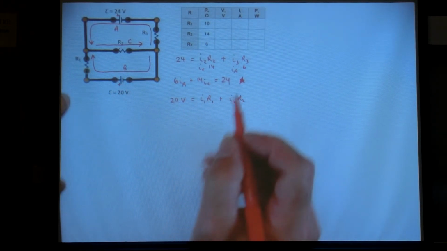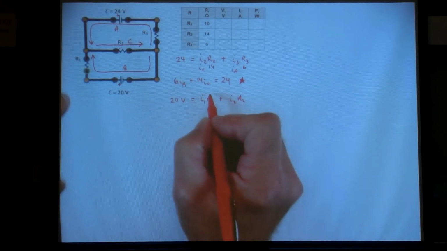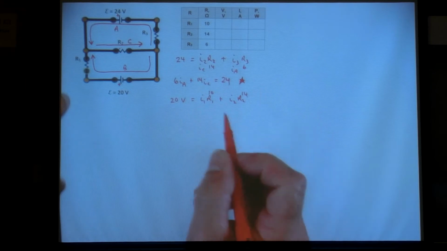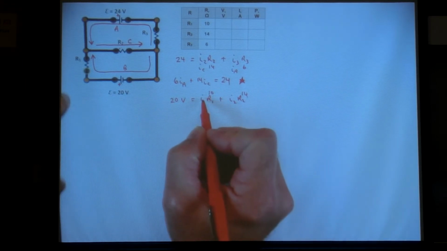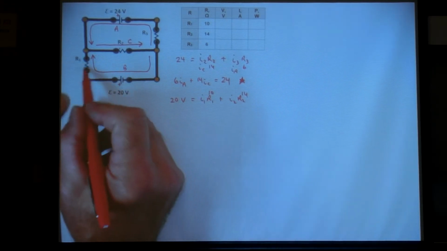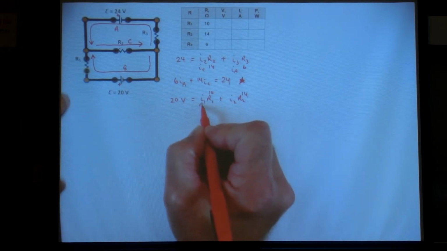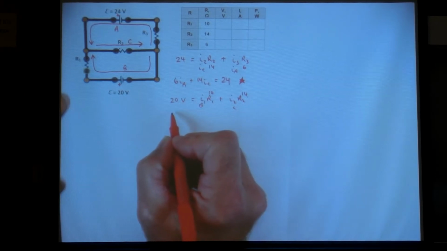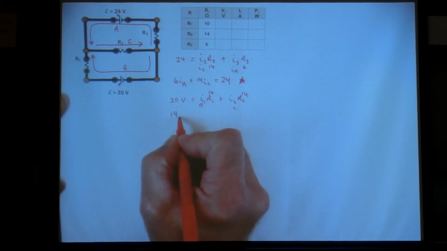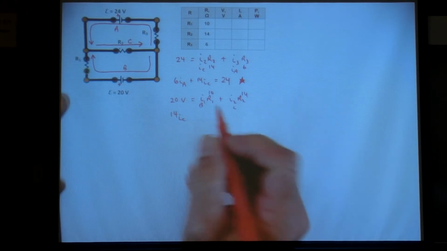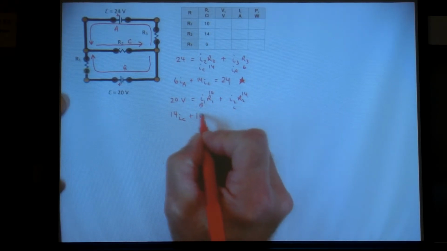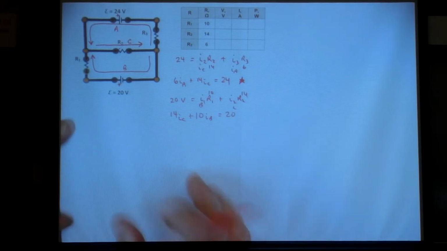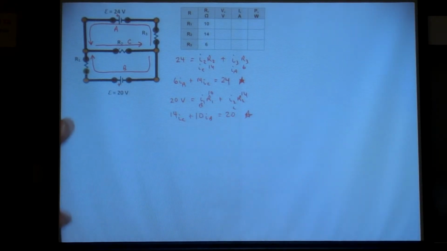I can rewrite this equation again, because R1 is 10 and R2 is 14, and I1, the current through resistor 1, is my B, and the current through 2 is our C. So I'm going to have 14 IC plus 10 IB equals 20. That's our second equation.